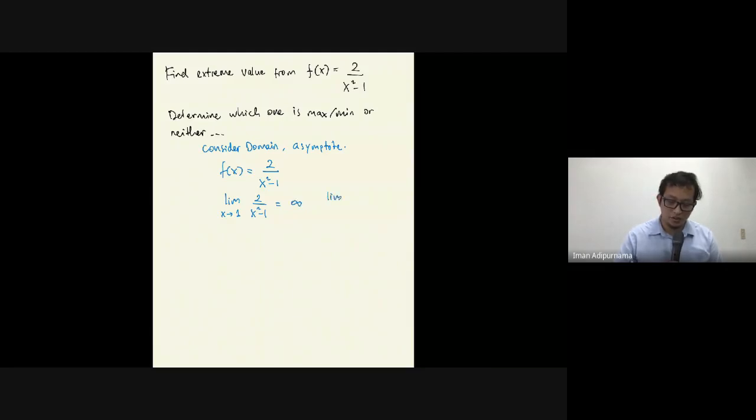And also the limit as x approaches -1, this also has the limit, right? It's going to positive infinity, both of these limits. So we have an asymptote. So we have vertical asymptotes at x equals 1 and x equals -1.